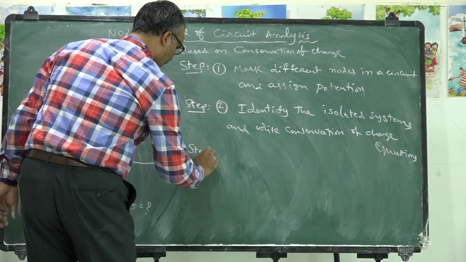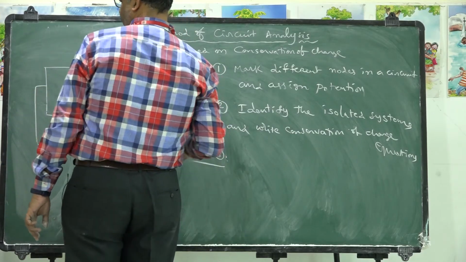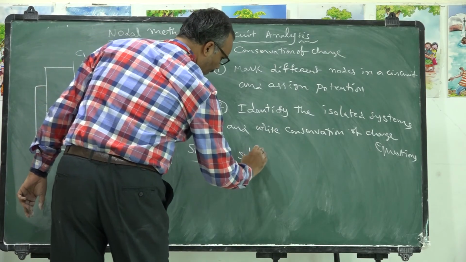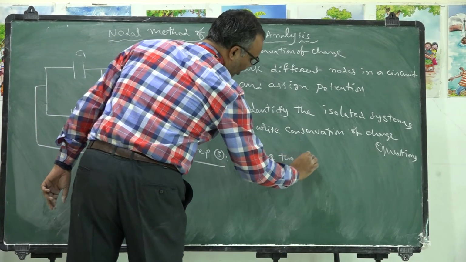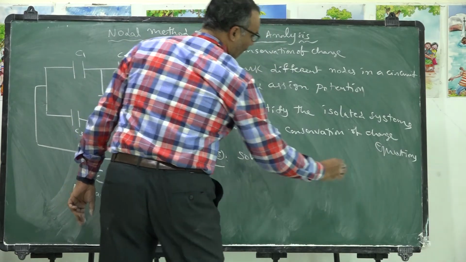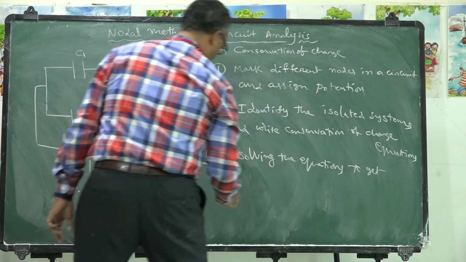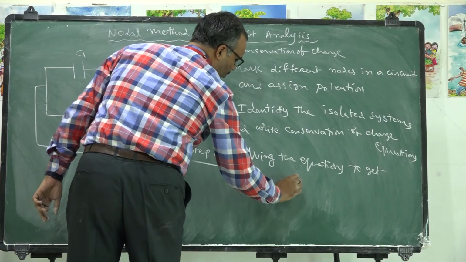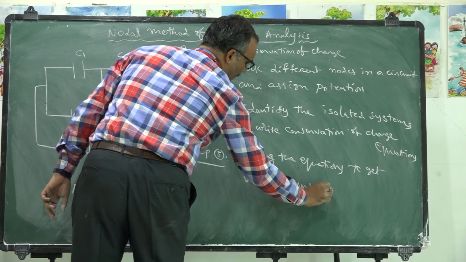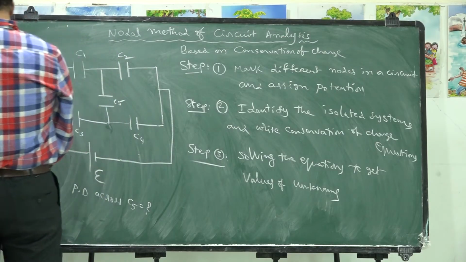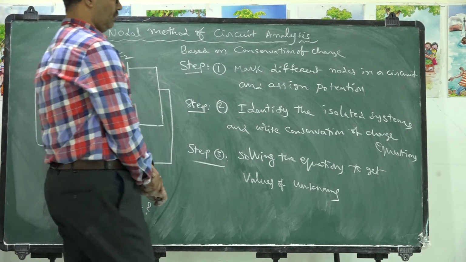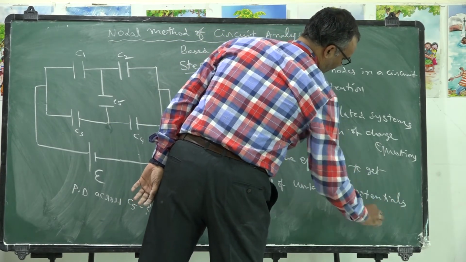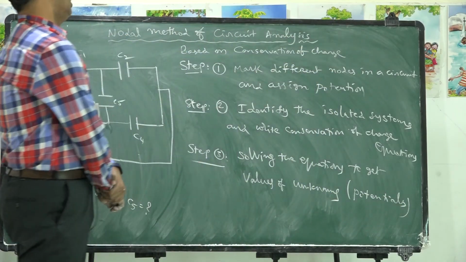Step number three is nothing but solving the equations to get values of unknowns. These are the unknowns, means unknown potentials. These are the three steps.